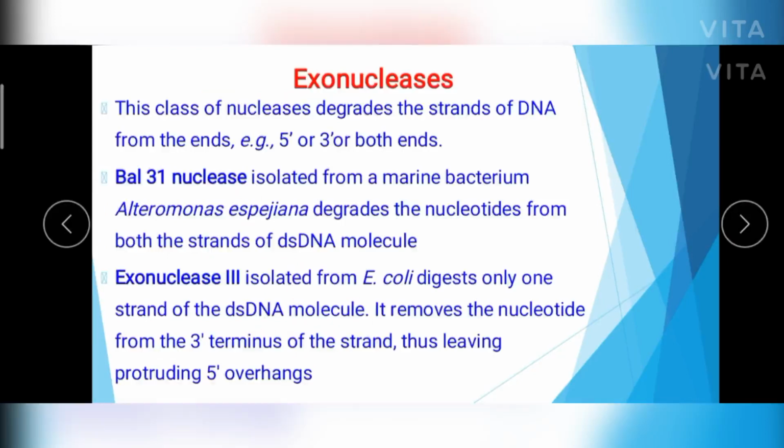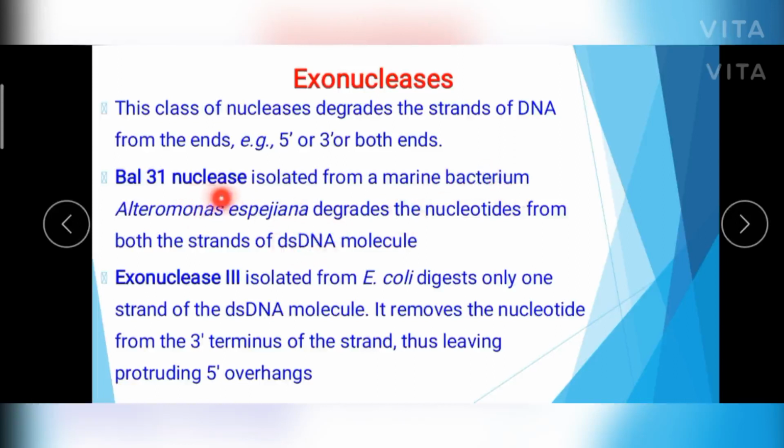Coming to the first type of DNA modifying enzyme, exonucleases. As the name suggests, nucleases are the ones which cut the nucleic acid, and exo means they cut either the 5' end or the 3' end or both the ends. The exonucleases which are used in gene cloning experiments are extracted from a marine bacterium called Alteromonas aspergillana.